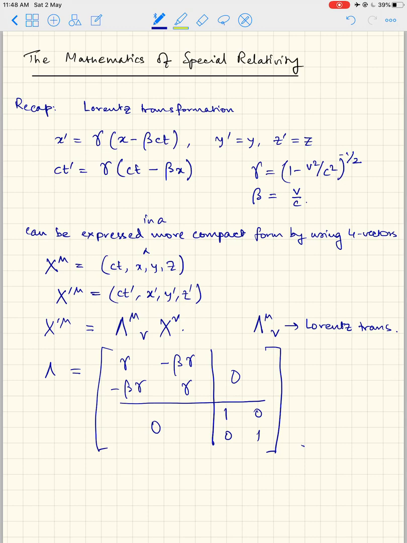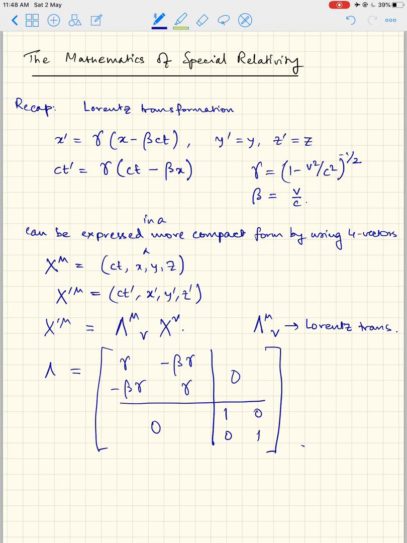So this is the form of lambda essentially. The Lorentz transformation which corresponds to a boost along the x direction is given by this form.